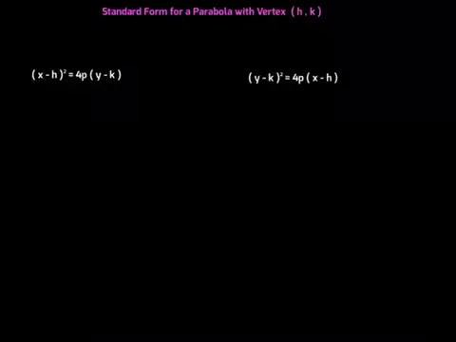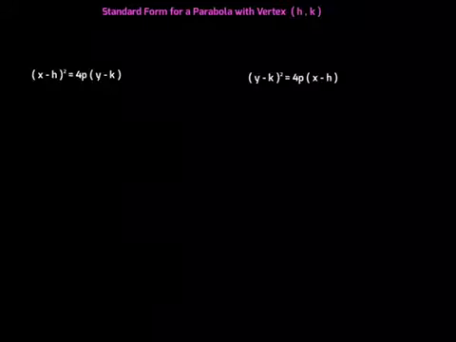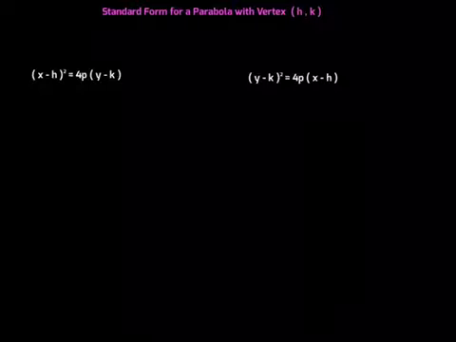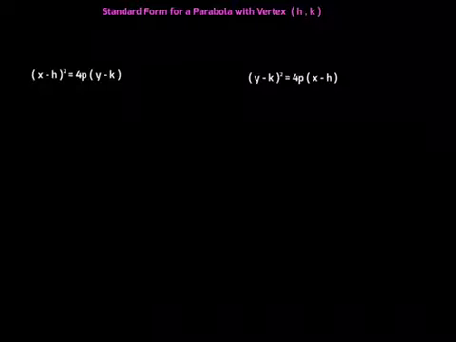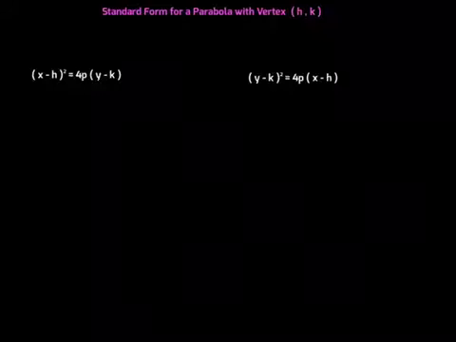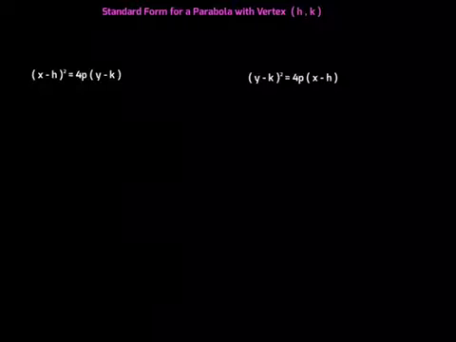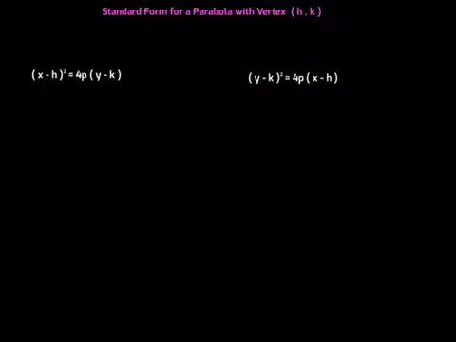The only conic that has only one variable being squared, either x or y, but not both, is the parabola. So whenever you only have one variable being squared, you know for sure you have a parabola on your hands. If it's x that's being squared, you know your parabola is going up or down. If it's y being squared, you know your parabola is going left or right.